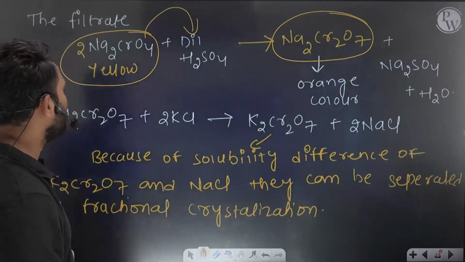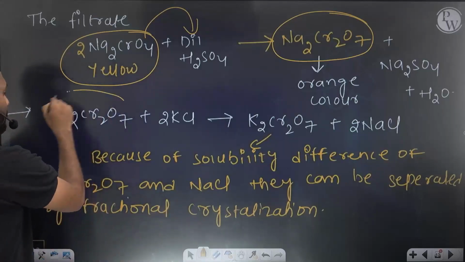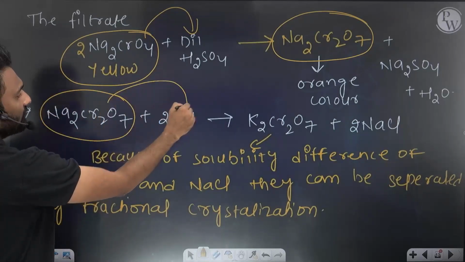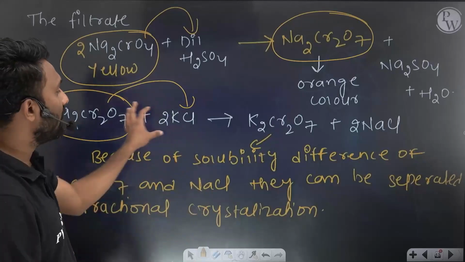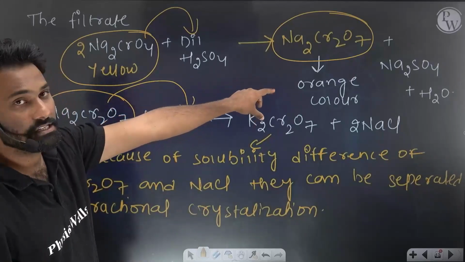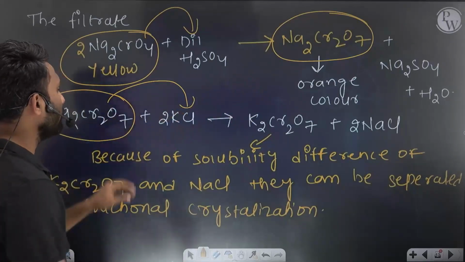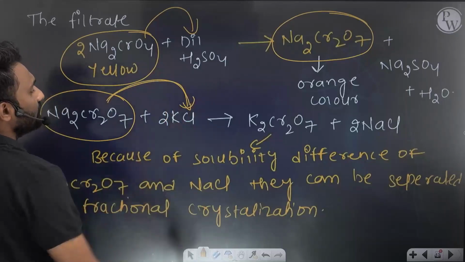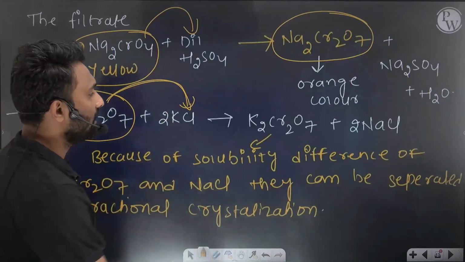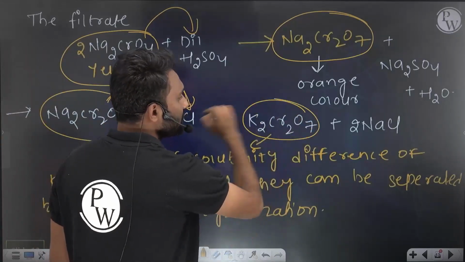Now this sodium dichromate, which is orange in color, is reacted with KCl. After reacting with KCl, what do we get?